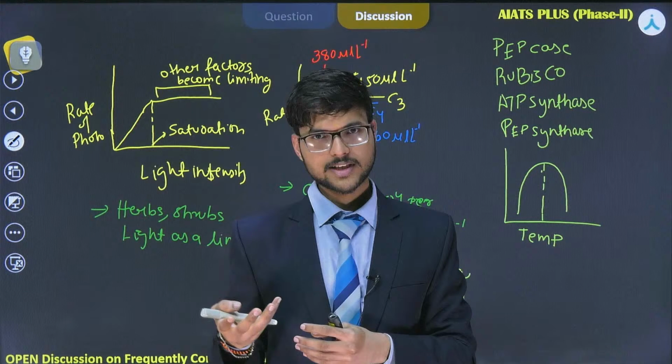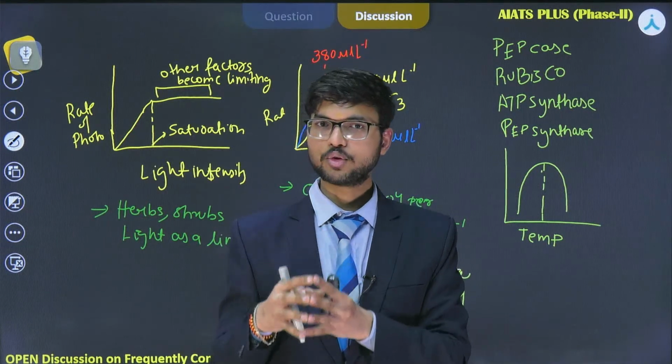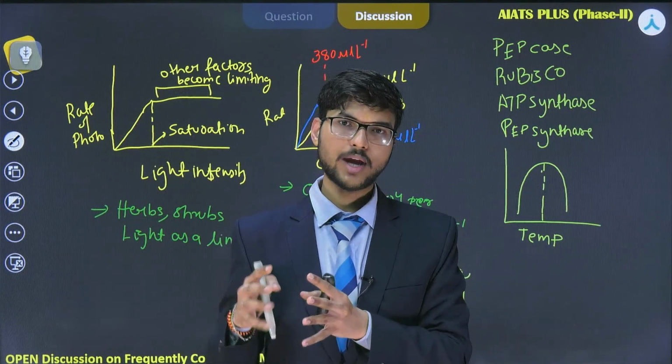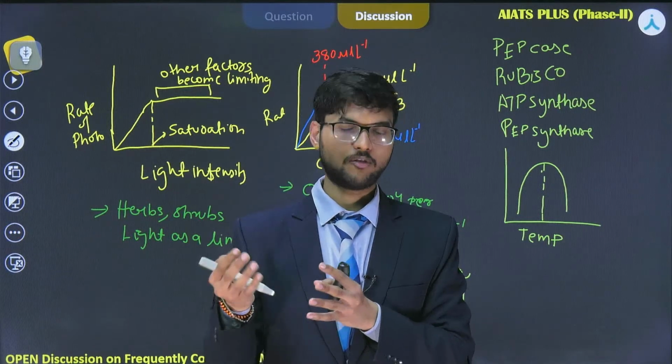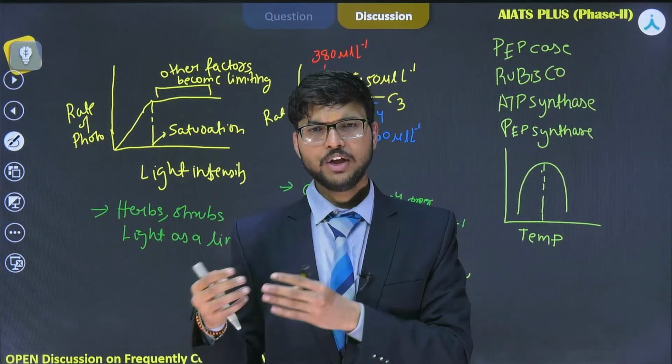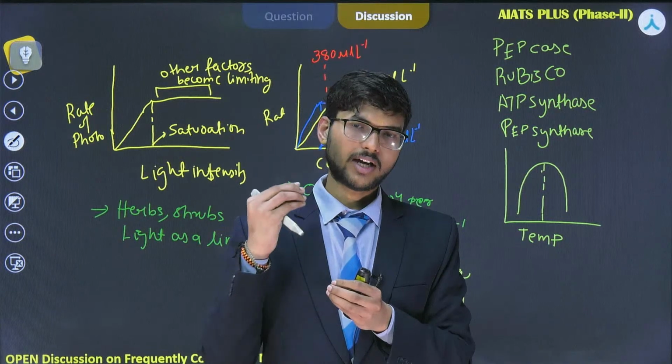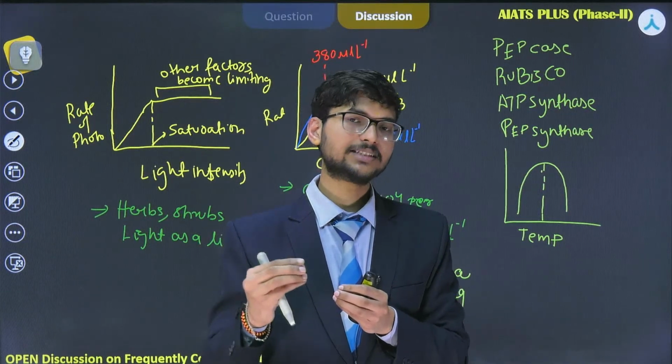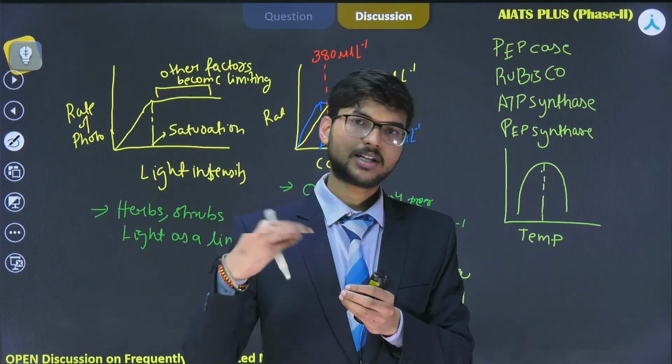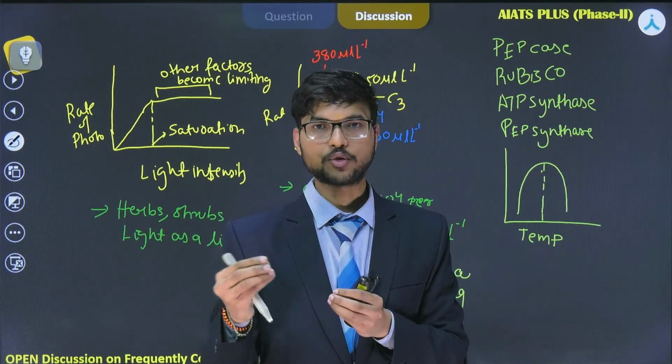Similarly, due to water stress, stomata will close, and due to closure of stomata, the gases are not going to enter, and so the process of photosynthesis will be hampered. So directly the water is not affecting the photosynthesis process, but it is affecting the plant, due to which the factors are getting affected, or the rate of photosynthesis is affected.